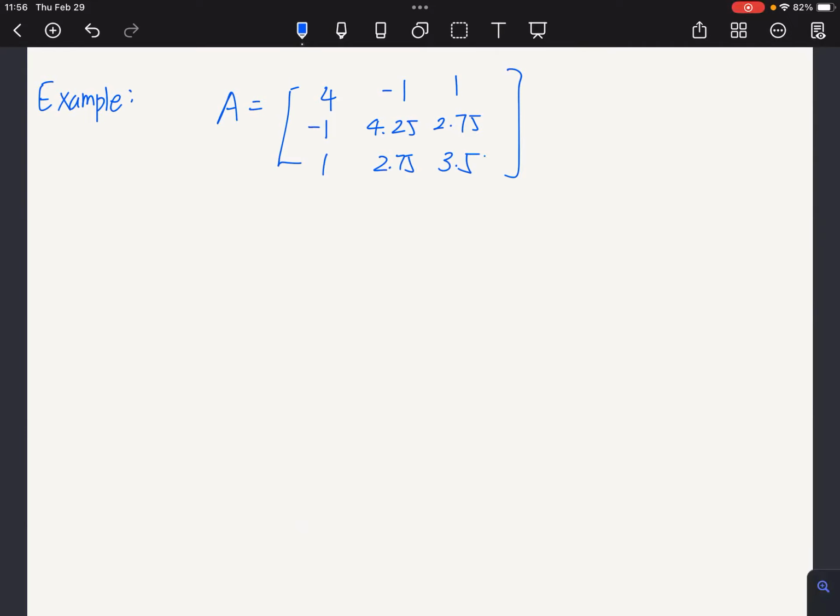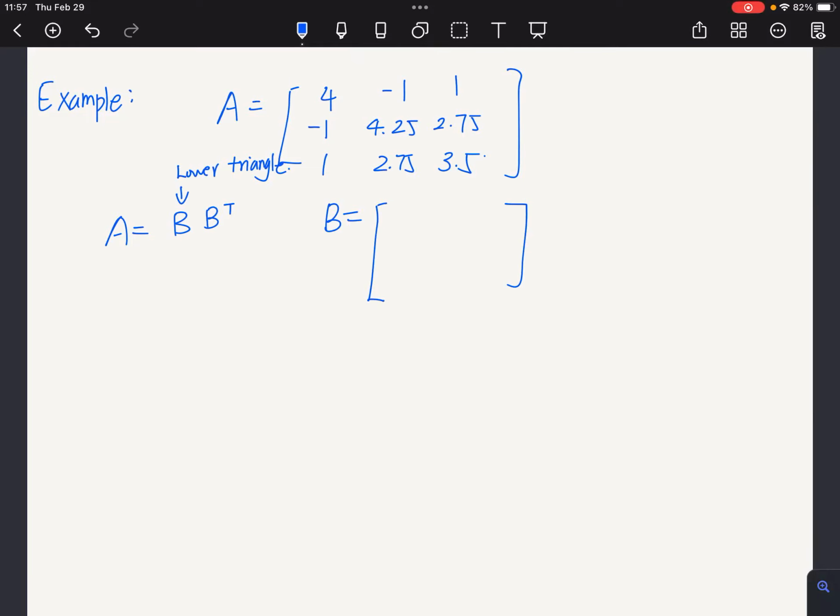And how will we compute the factorization here? We are going to get the Cholesky factorization as B times the B transpose, and B here is the lower triangular one, right? How could I compute this? Because this is a 3x3 matrix, B should also be 3x3.